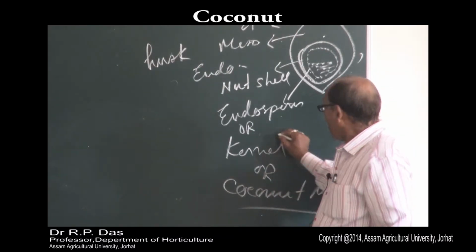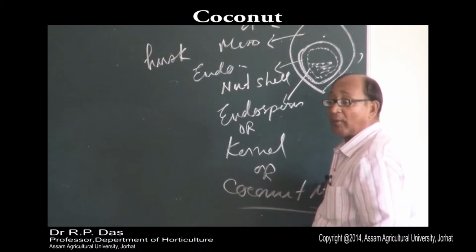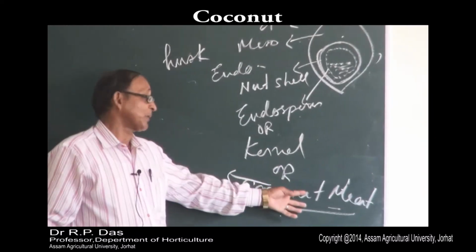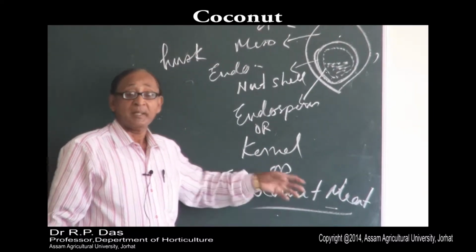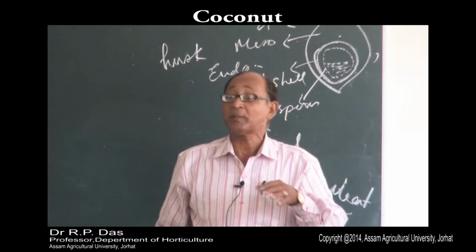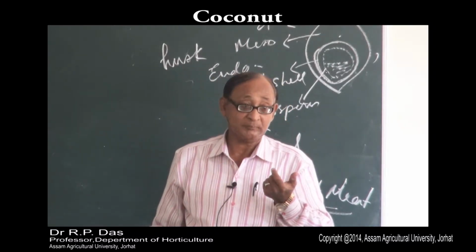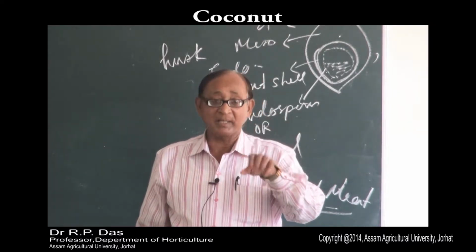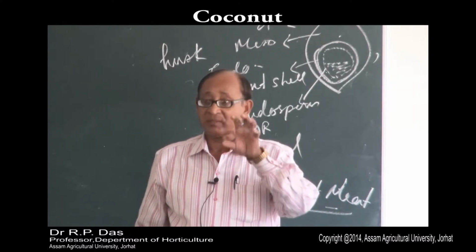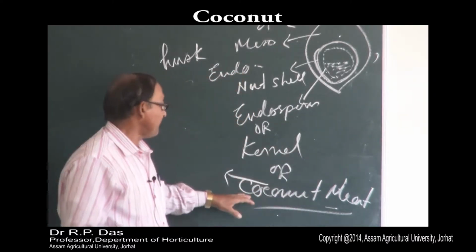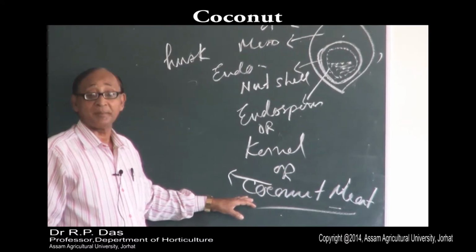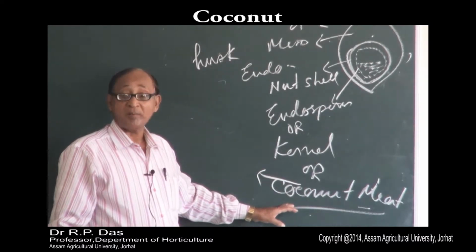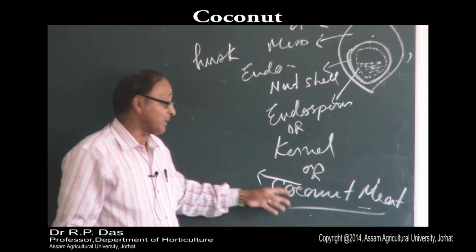Then coconut meat is also for preparation of food items, and in some aspects coconut meat is for the bakery industry when we have to prepare coconut flour. Raw endosperm, I mean kernel, is squeezed, ground and dried, then made into powder, that is coconut flour, and that coconut flour is used for the confectionery and bakery industry.